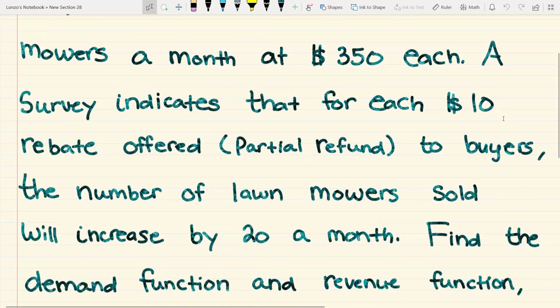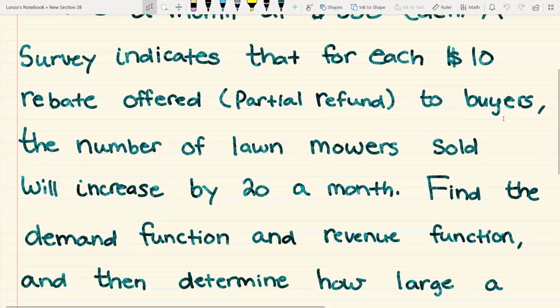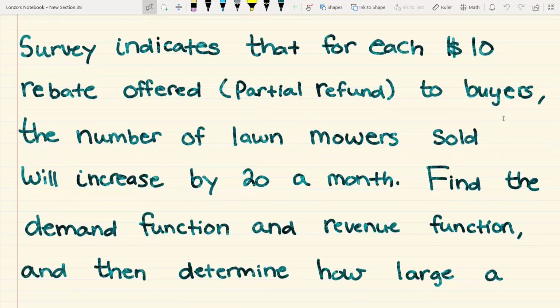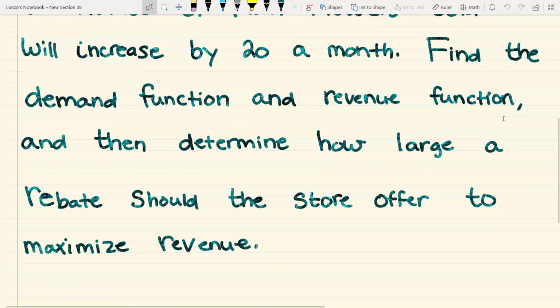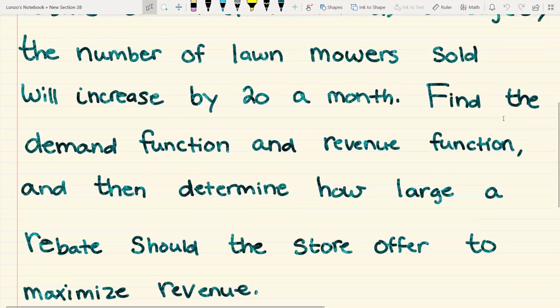So if they get a rebate, there is more sales of mowers by 20 a month. Find the demand function and revenue function, and then determine how large a rebate should the store offer to maximize the revenue. Okay, so let's first find the demand function.